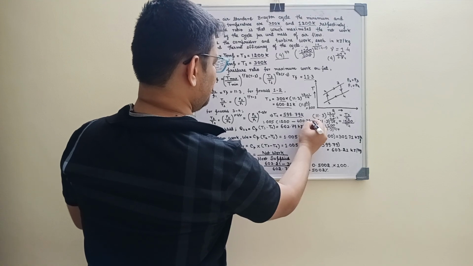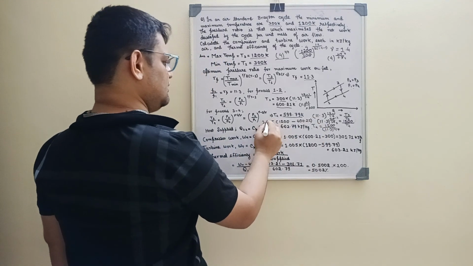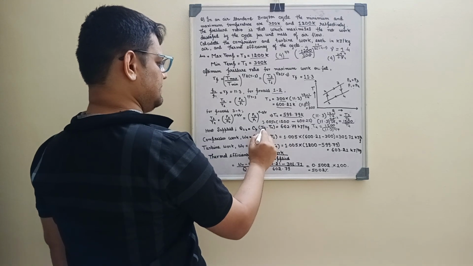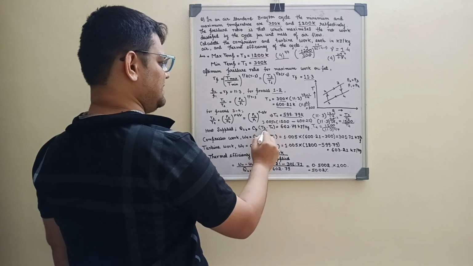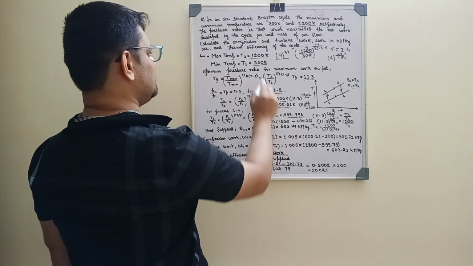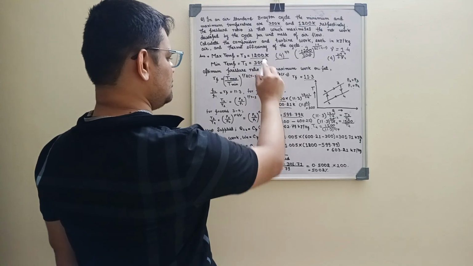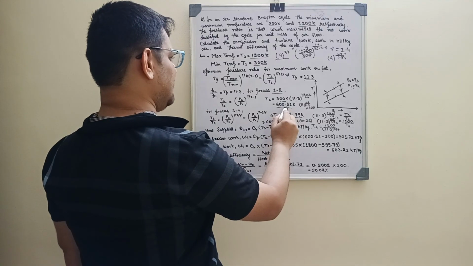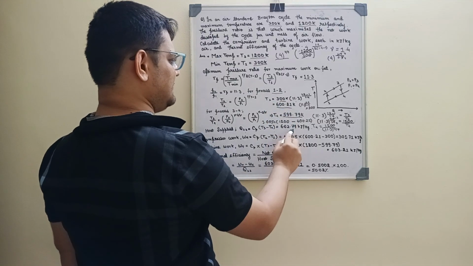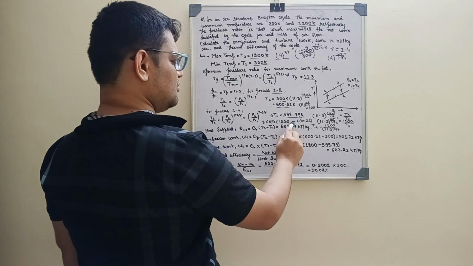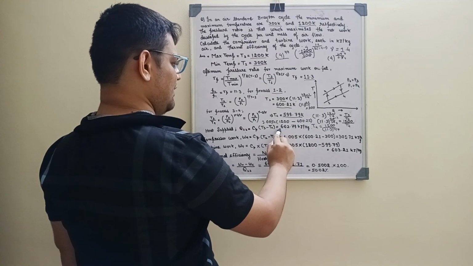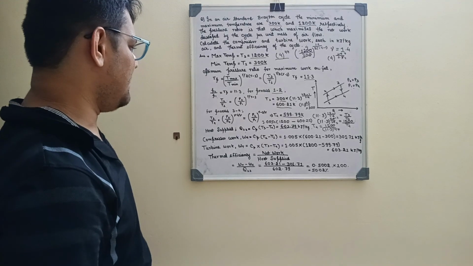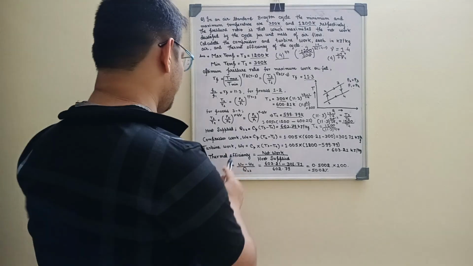So if we multiply 1.005 into 1200 minus 600.21, we get 602.79 kilojoule per kg. And now we will calculate the compressor work.